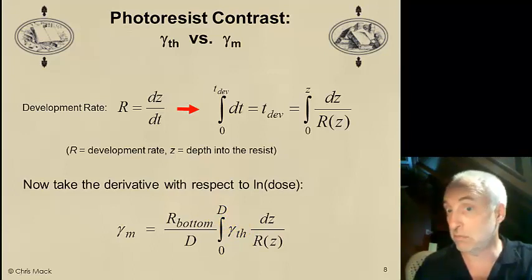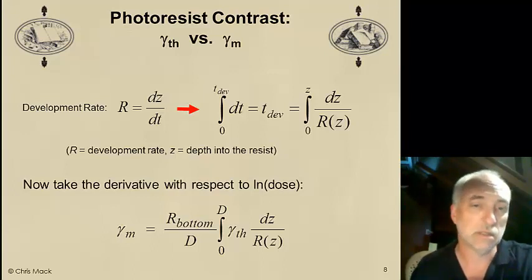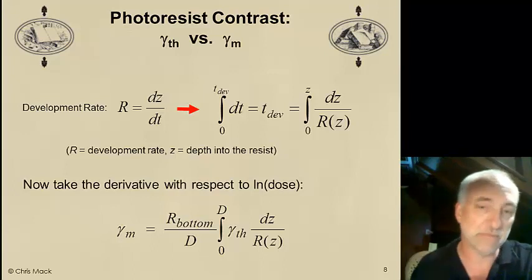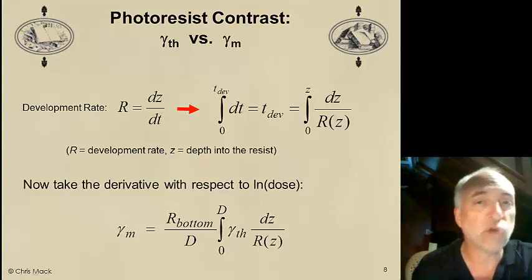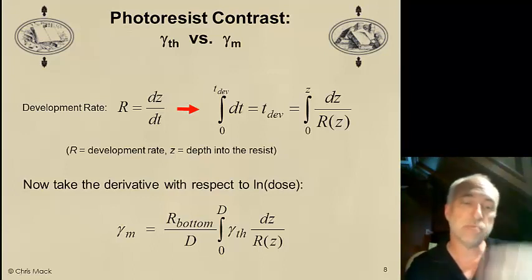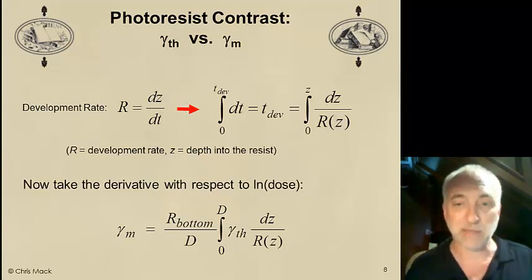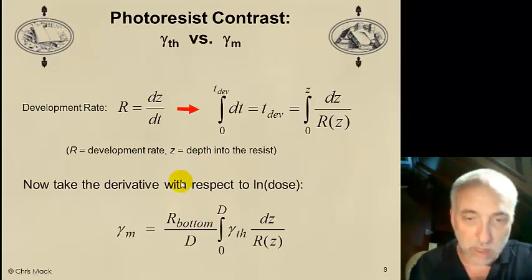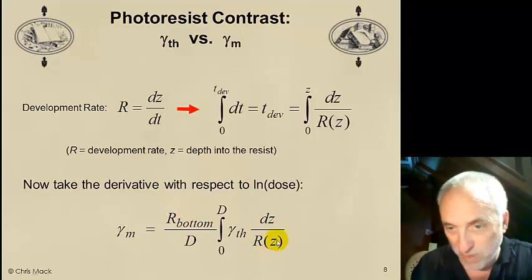Now let's look at some possibilities where the development rate actually does vary from top to bottom of the resist. Suppose I have absorption. What does absorption do? Absorption lowers the intensity of light from the top of the resist to the bottom. Lower intensity of light at the bottom means less chemical change, which means for a positive resist, lower development rates at the bottom. So R at the bottom will be smaller than R of Z everywhere else.